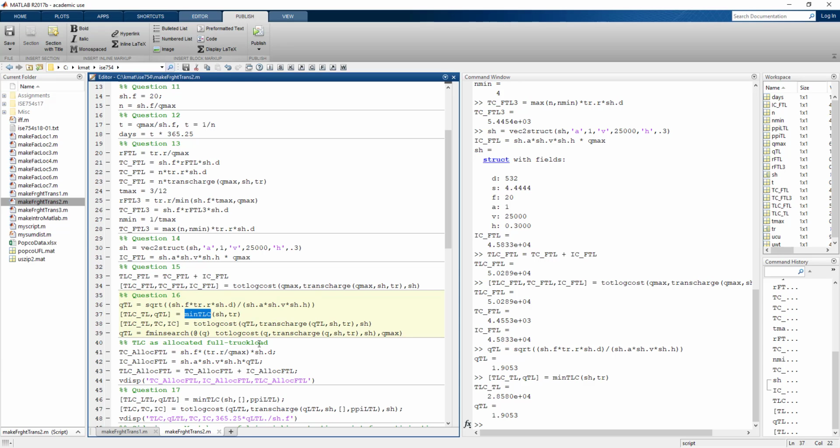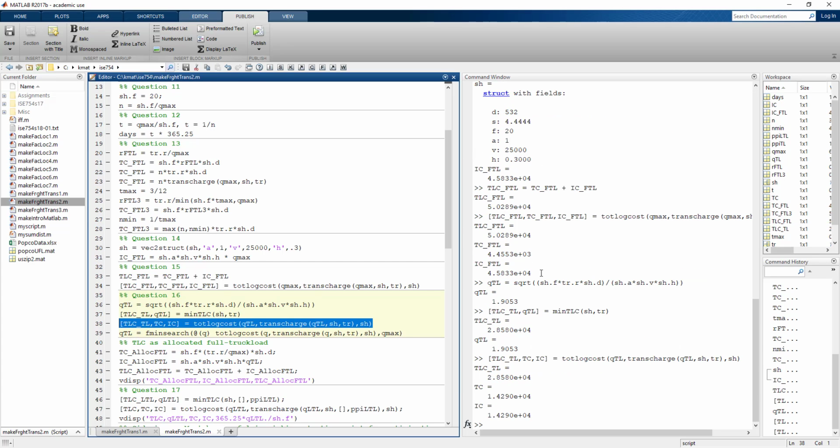And inside of the min TLC function, both of these functions are in fact called. But this is for situations where we have a particular shipment size that's not the optimal truckload, and we want to determine what is the total logistics cost. So when we do that, we can solve it and get the results in terms of total logistics cost.